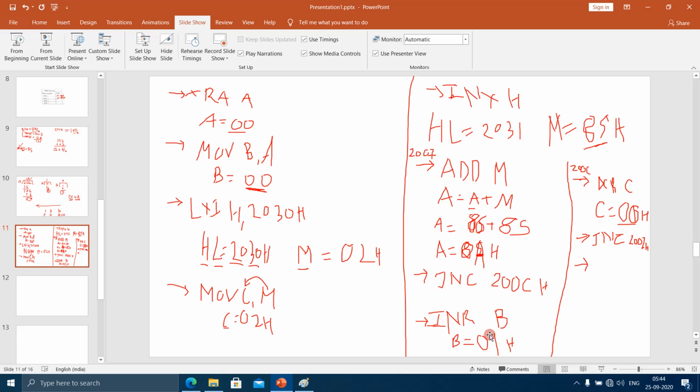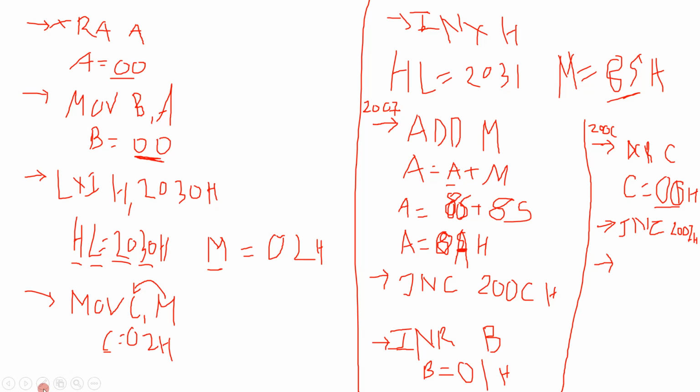In order to do that, we'll have to perform few instructions. Soon after JNZ, it is INX H. That means increment HL by 1. What is there in HL currently? 2031. It will be incremented by 1. We will add 1 to this.